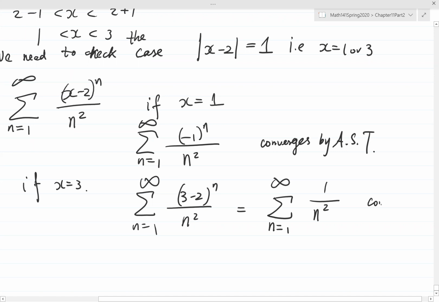This converges by the p-test. Actually, we know its value: it converges to pi squared over 6, a really nice number.